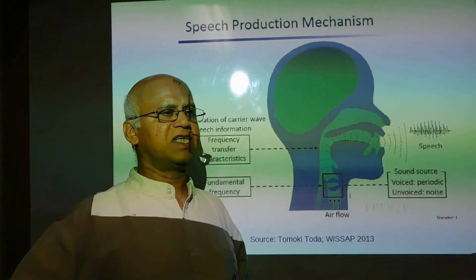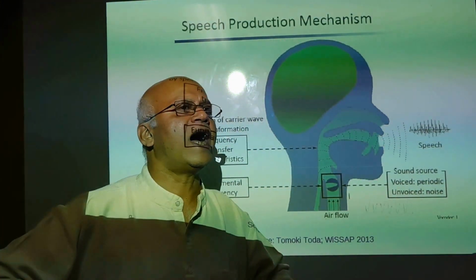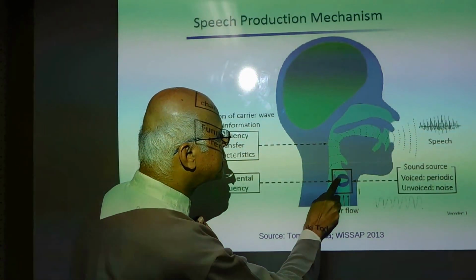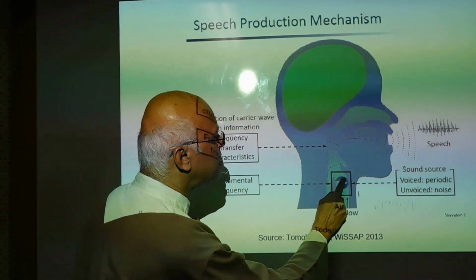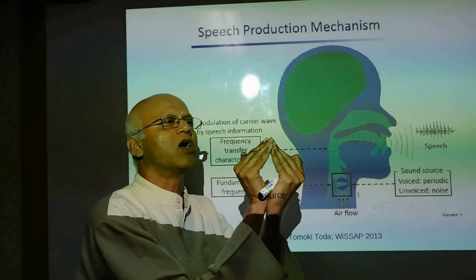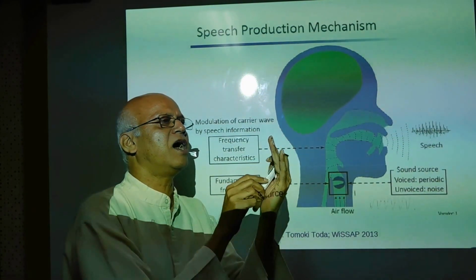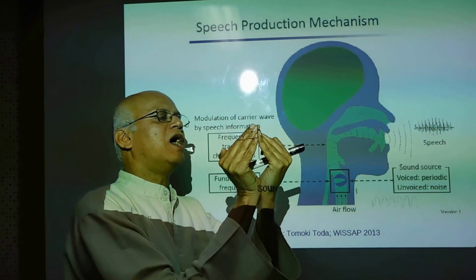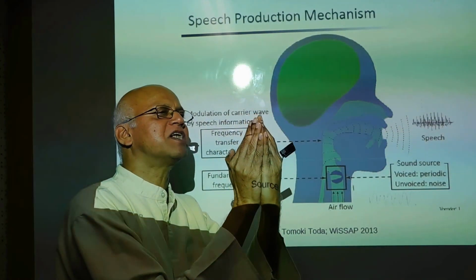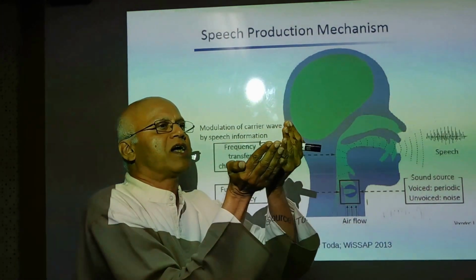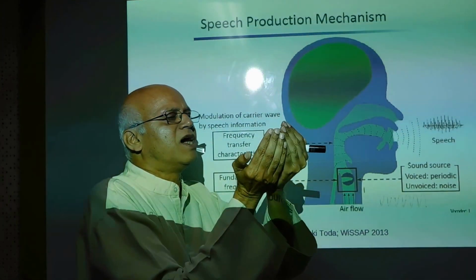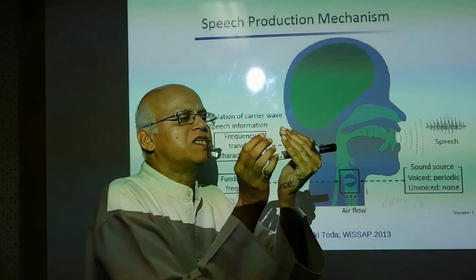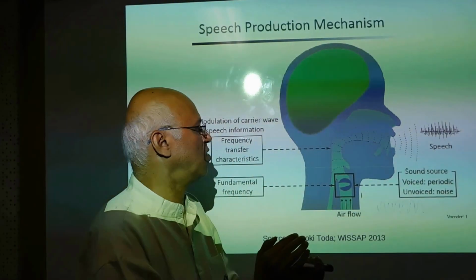Initially we breathe in, there is air in our lungs, and that is the source of energy. The tension of the muscles that control the glottis, the area between the vocal cords or vocal folds, is kept in such a way that when the pressure of the air from the lungs is a little high, this opens and air flows through this area, which is called the glottis.